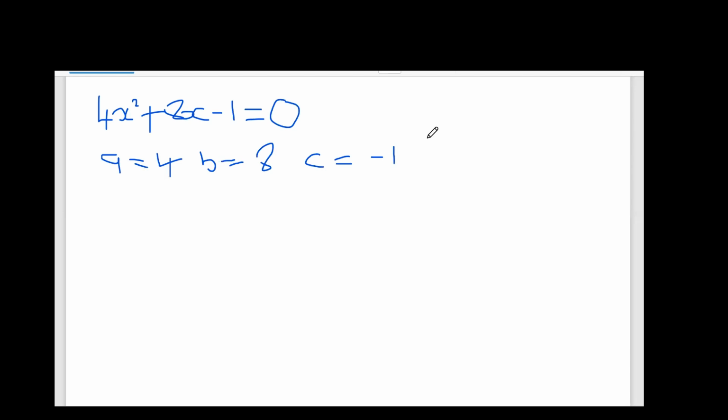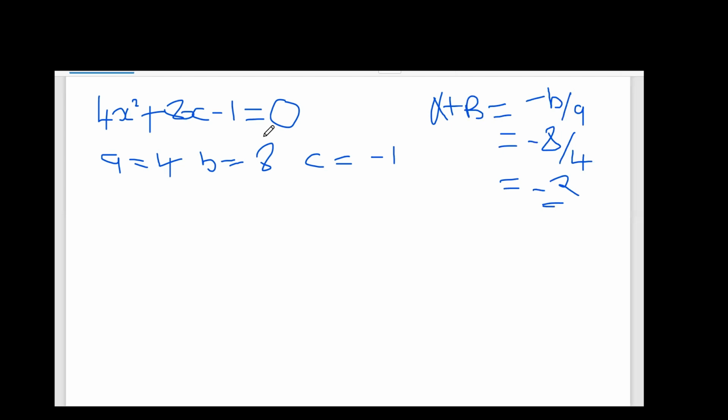So let us find the sum of alpha and beta. The sum of alpha and beta is equal to minus B over A, which will be equal to minus 8 over 4, which gives us -2. So that is our alpha plus beta.